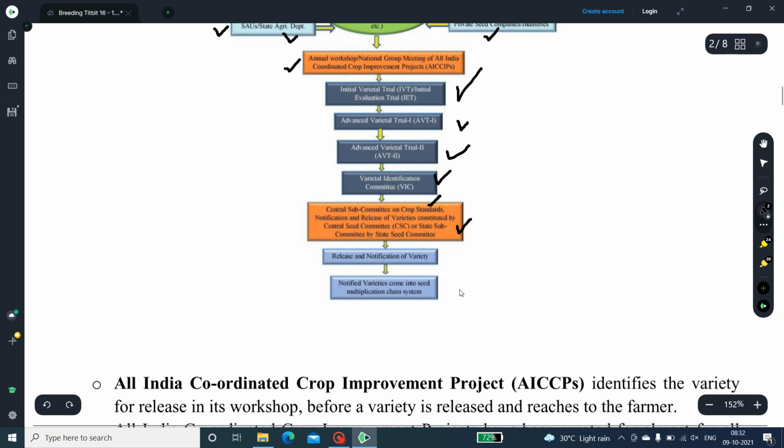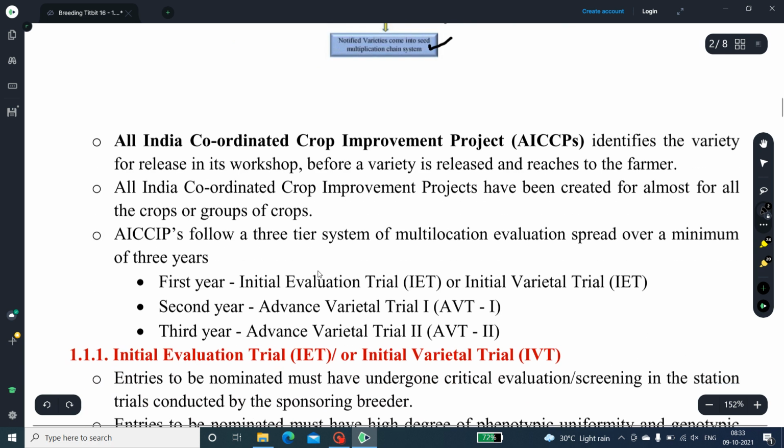On the recommendation, based on all the good quality characteristics, not only the morphological characters but also the quality parameters, the variety is released and notified in the central government gazette. Notified varieties come into the seed multiplication chain system, that is nothing but the seed law enforcement system, to supply quality seed to the farmers.